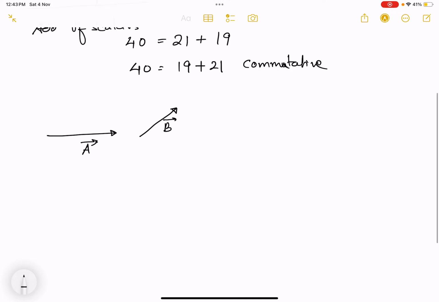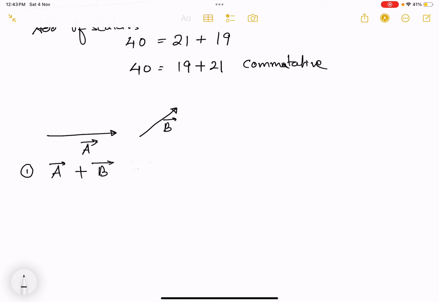To add the two vectors, the rule is simple. First, drag the first vector, but then I'll need to tell you which is the first vector and which is the second. Suppose I want to do A plus B. I want to find out what A plus B will be.